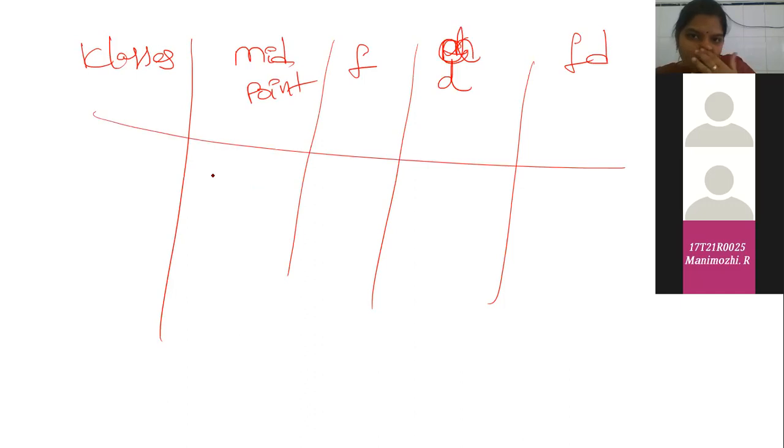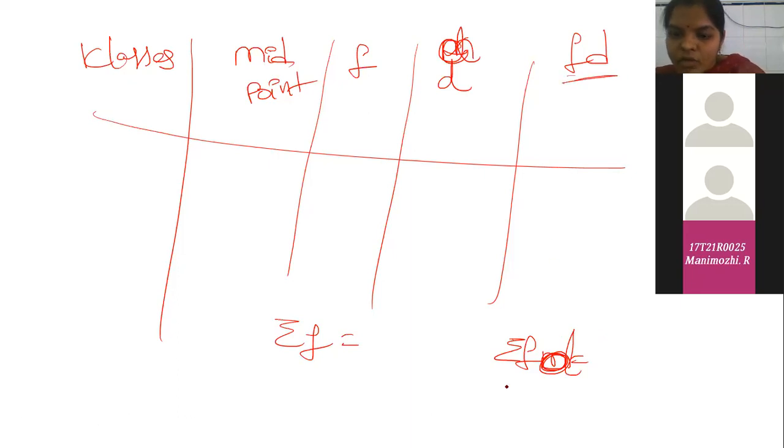Just do the values for all these columns. Here we need sigma F and sigma FD, not FM.